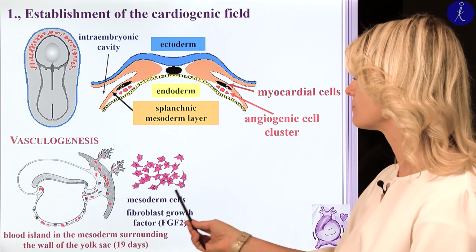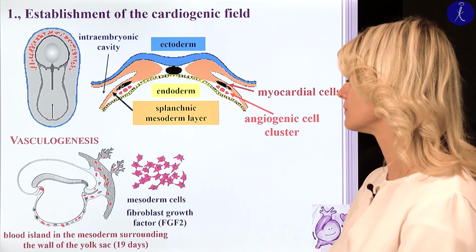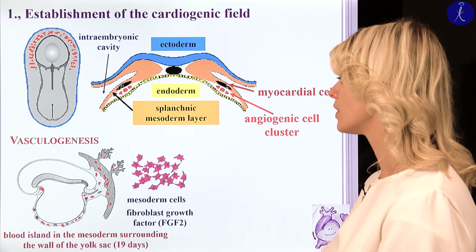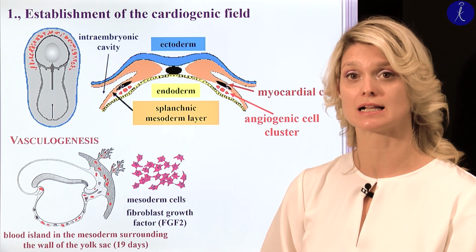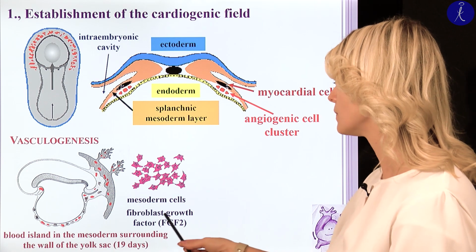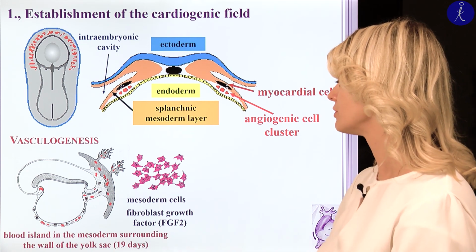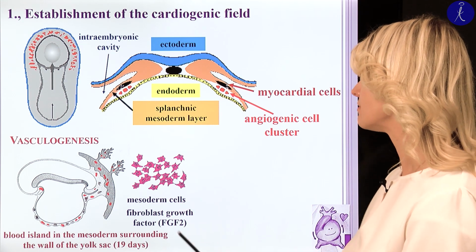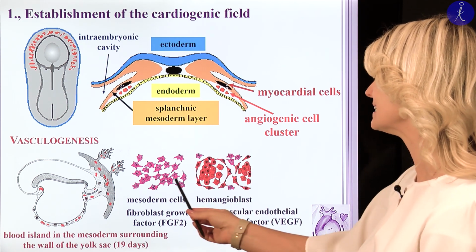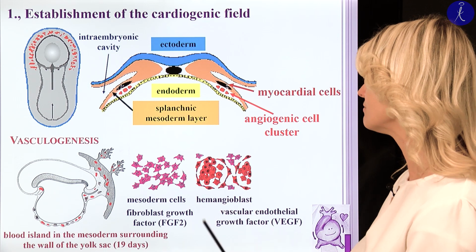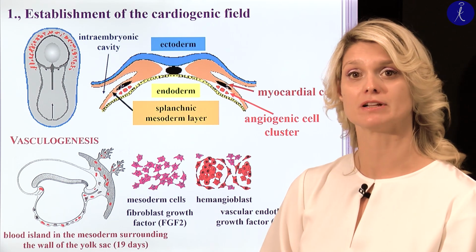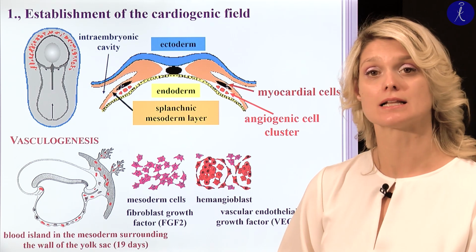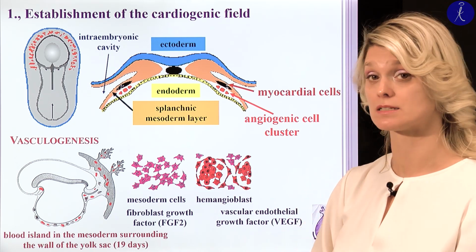Here you can see these very special mesoderm cells, and their formation and development is regulated by FGF, the fibroblast growth factor. Because of the effect of this factor, these cells will differentiate and become hemangioblasts. These cells will form the vessels.